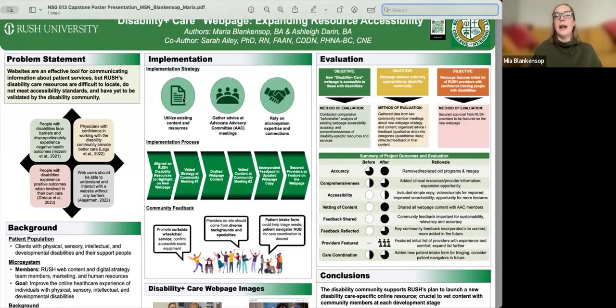Originally, some students and this same team, including Dr. Ailey, created an accessibility resources and services webpage that was launched just last year. This site was really great in a lot of ways, but my partner and myself and Dr. Ailey saw an opportunity to continue pushing this webpage forward, because the Rush website that they had developed for this patient population had a couple of issues that we wanted to work through.